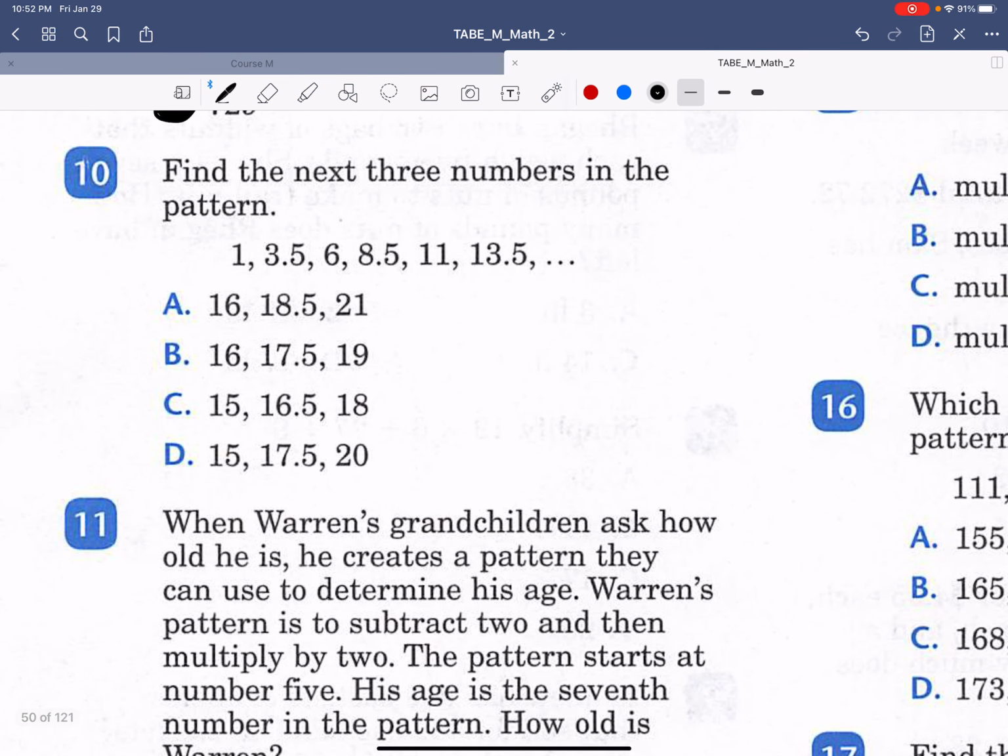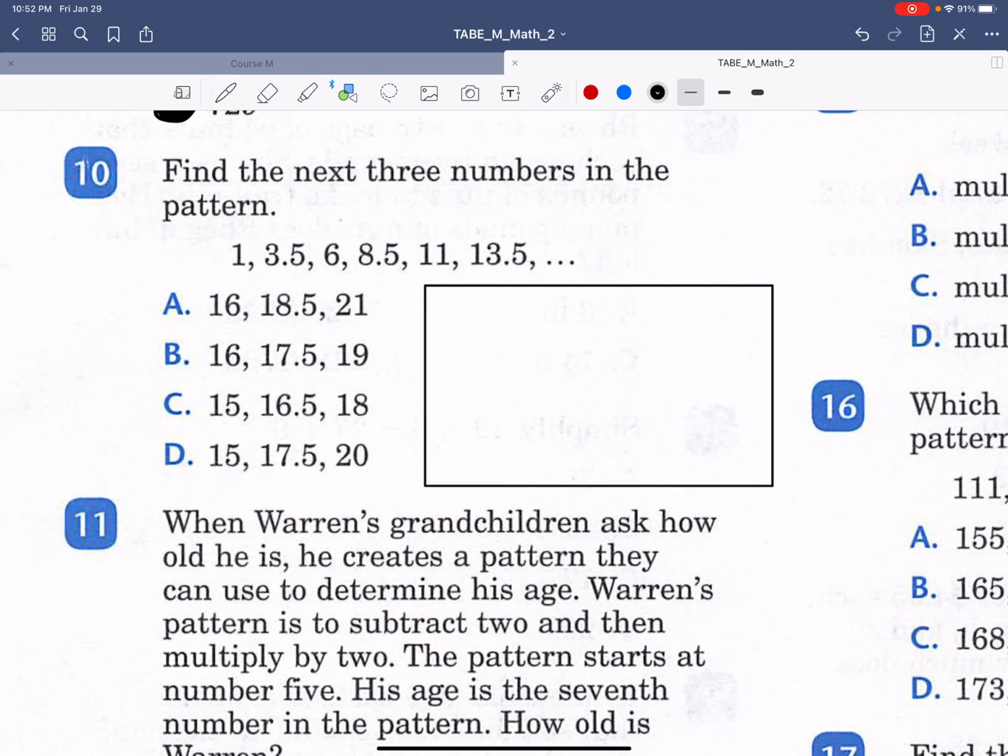Okay, number 10. We're finding the next 3 numbers in the pattern. So draw a table. And I have 1, 2, 3, 4, 5, 6, and we are supposed to find 7, 8, and 9. So I'm going to have to do some scrunching here.